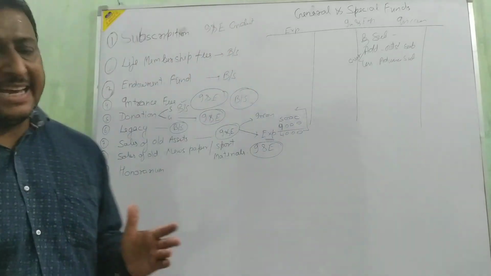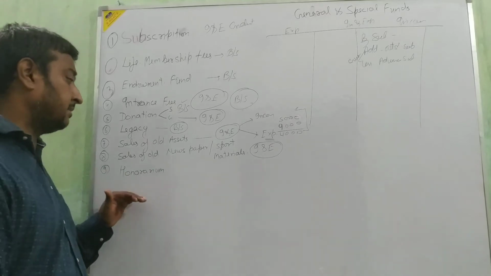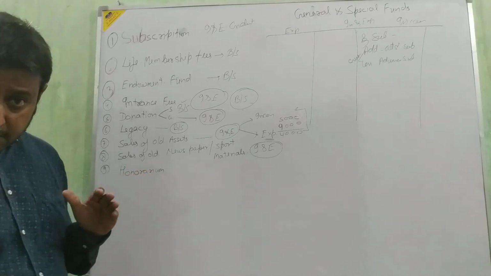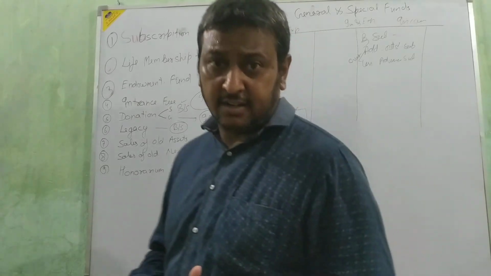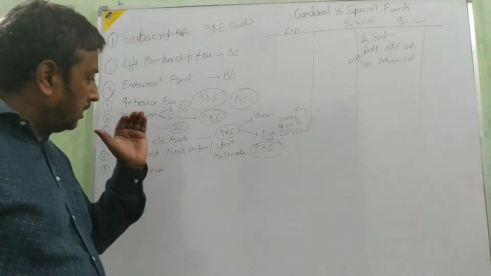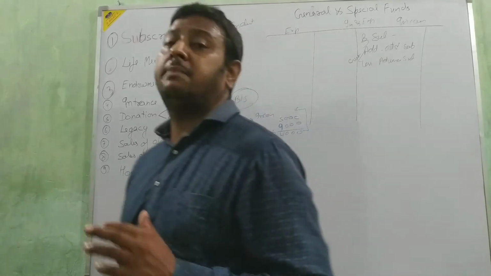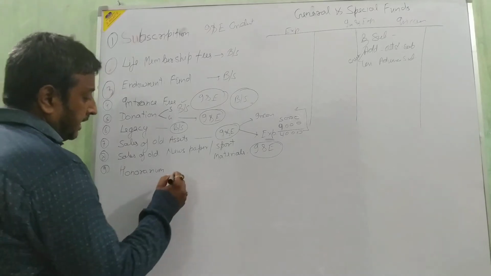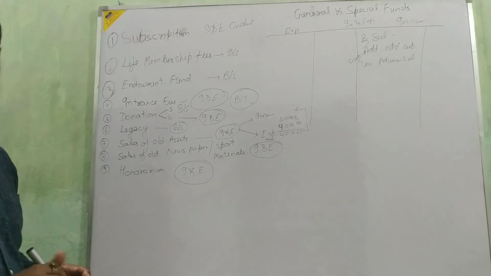As in any engineering college, if a scientist comes and takes a lecture, or a sports person comes and gives a lecture about sports, at that time we do not pay remuneration or salary. We pay honorarium. This amount we show in the income and expenditure account. Okay beta, clear?